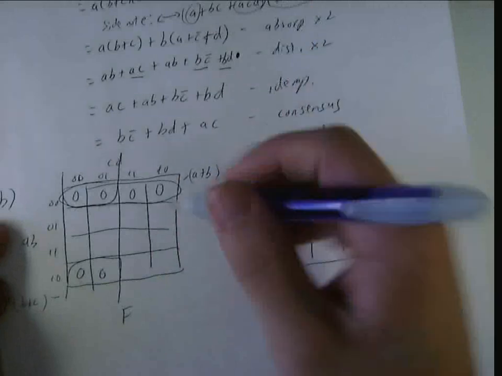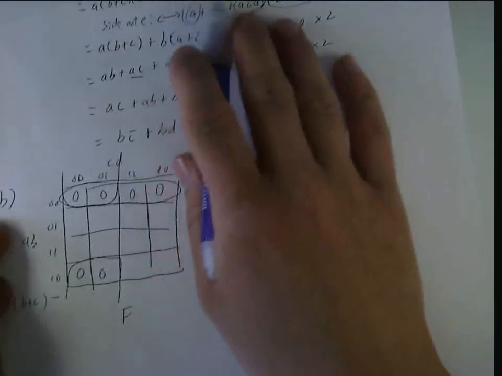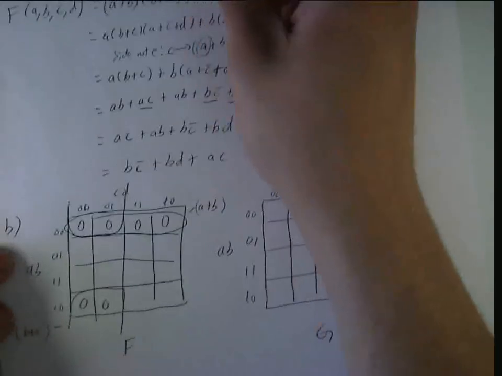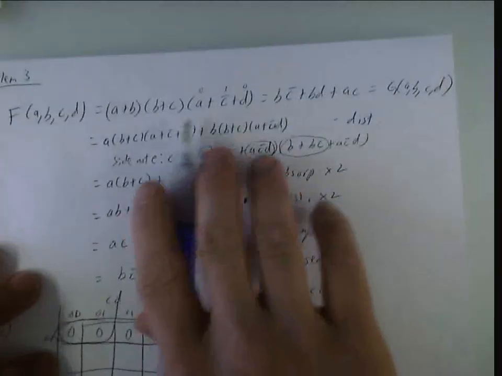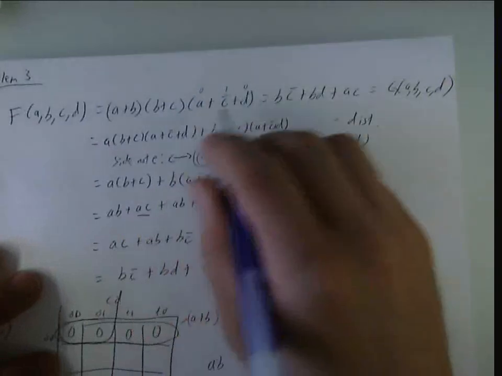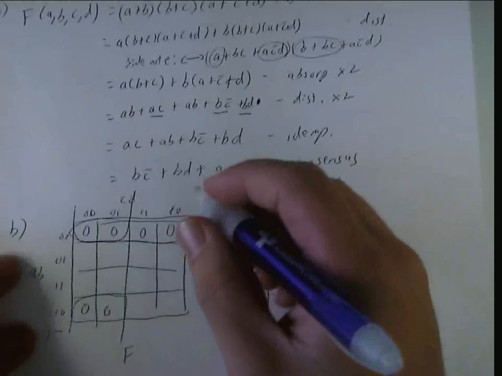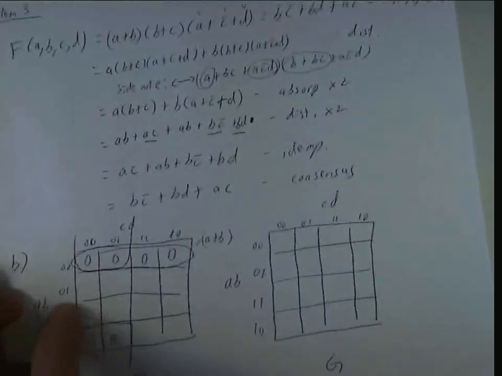And now I need to get rid of, what else? I've got this A, C bar, or D. So that's going to be when A is 0, C is 1, D is 0. Sorry, pull that down. So I need to find this loop. The A or C bar or D is 0. So A is 0 is here.